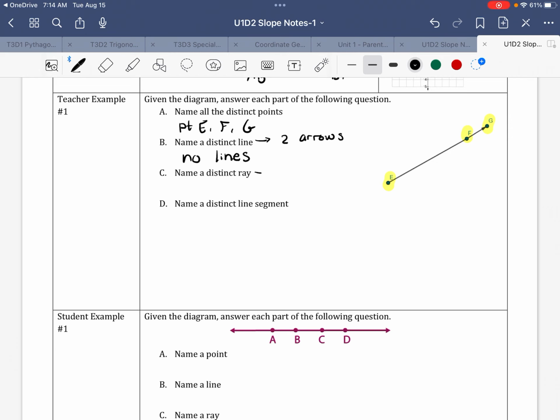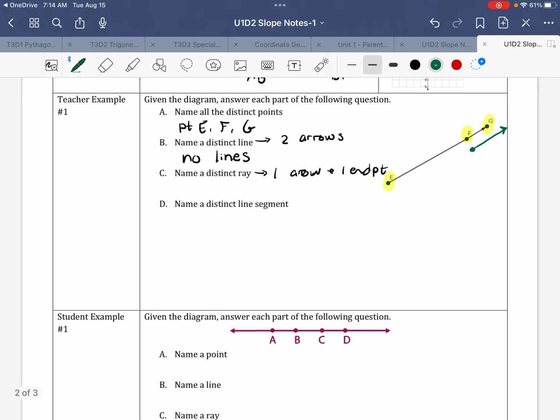Now, if we're going to name a distinct ray, a ray has one arrow and one endpoint, which means, let's say I want to name this ray.